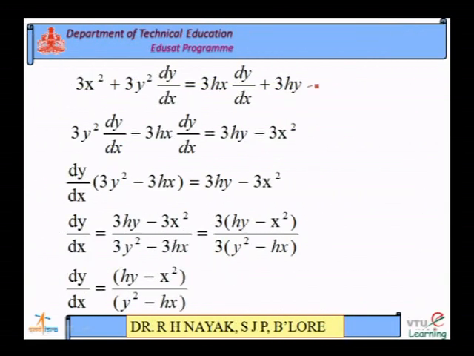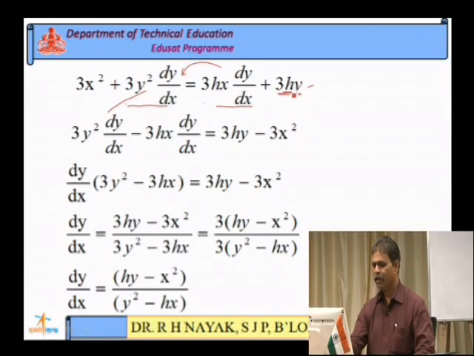Then you collect all dy by dx terms together: 3y square dy by dx, minus, transferring it to this side, 3hx dy by dx is equal to 3hy minus 3x square. As I mentioned earlier, you take dy by dx common, and what remains is 3y square minus 3hx is equal to 3hy minus 3x square.